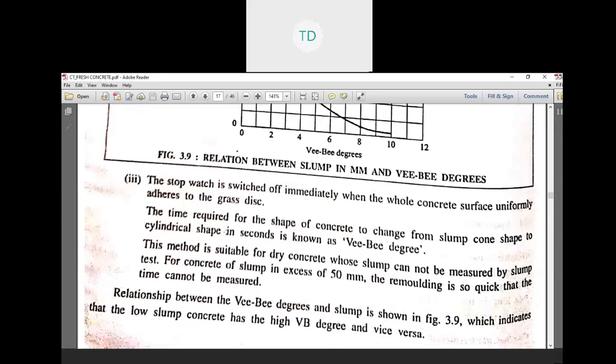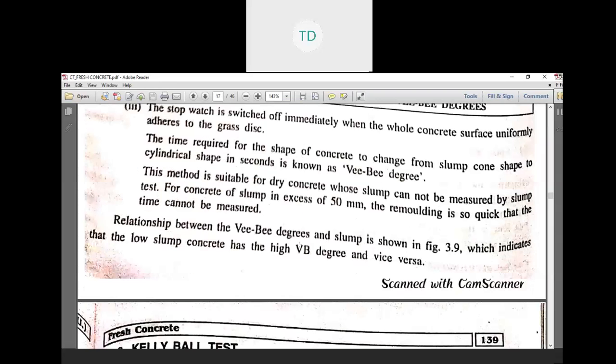The time required for the shape of concrete to change from slump cone shape to cylindrical shape, in seconds, is known as VB degree. This method is suitable for dry concrete whose slump cannot be measured by the slump test. For concrete of slump in excess of 50 mm, the remolding is so quick that the time cannot be measured.